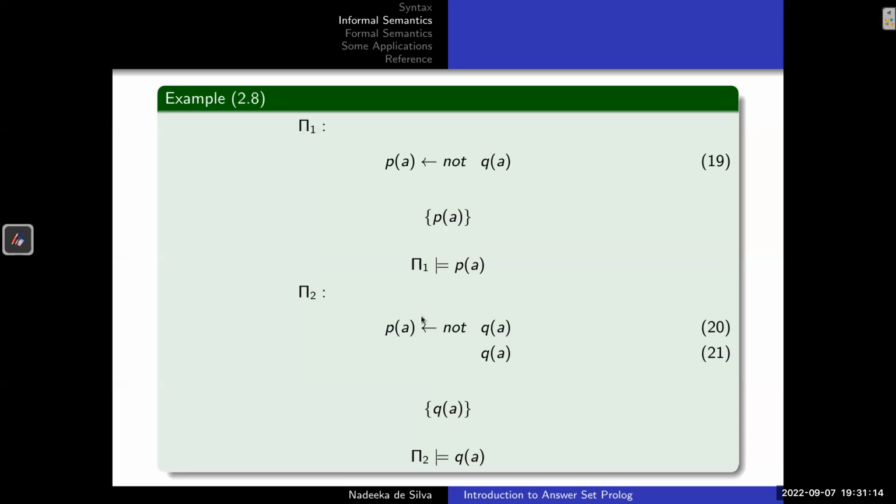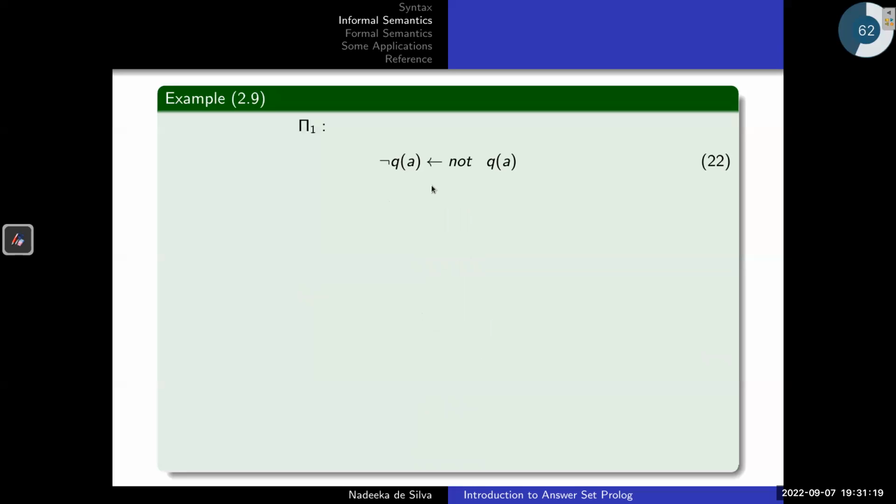Okay. We can take this further. Again, if we look at this program, now this program entails not QA, because QA is not in my set. I have to include this head, not QA. So the only answer set contains not QA. Because of that, pi1 entails not QA.